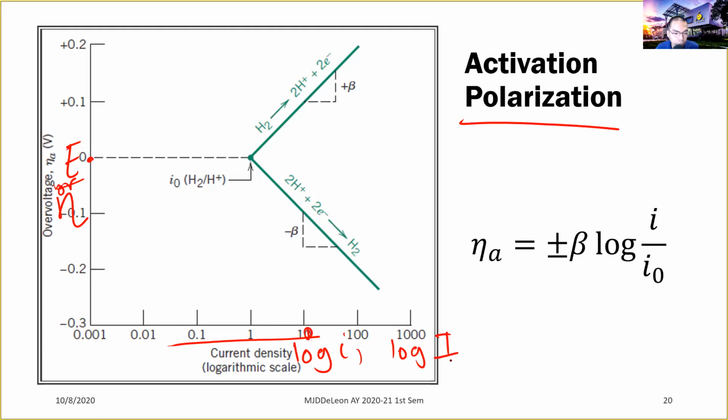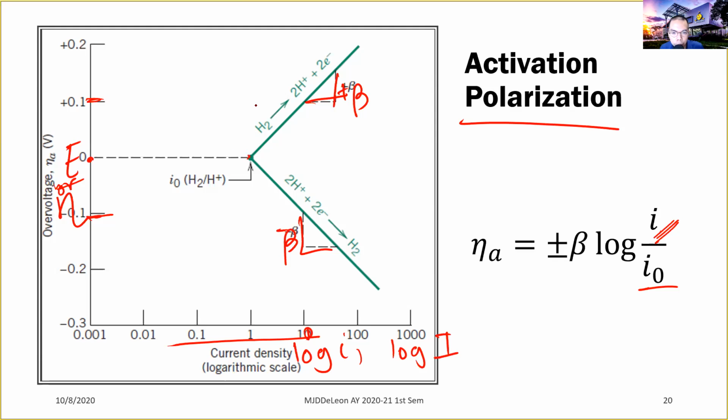Yung difference lang nila is yung isa may area, yung isa wala. So for activation polarization, you have this plot. So beta is the slope. Positive beta, negative beta, this is their Tafel slope. I is your current density at a given over potential. And I naught is your exchange current density.